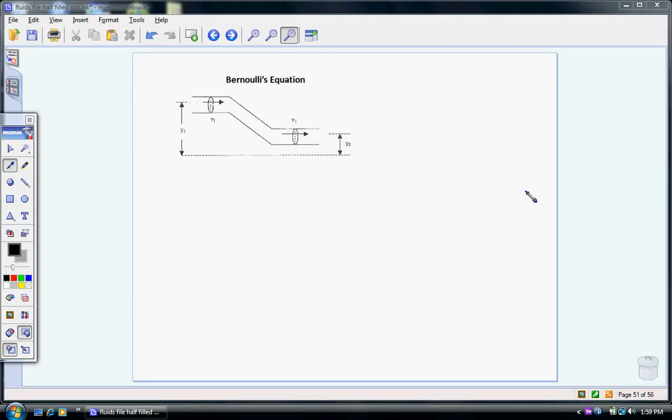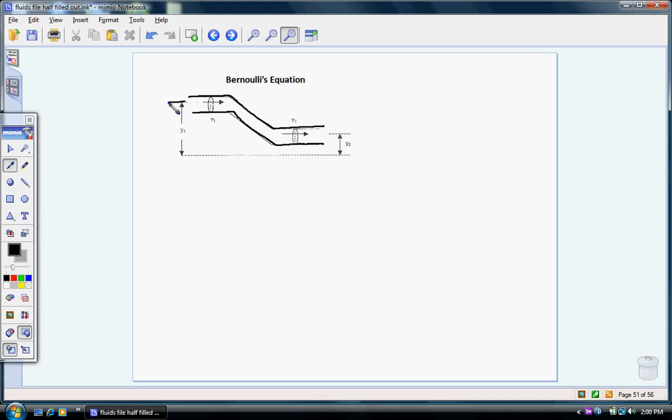Okay, and Bernoulli's equation can be applied to this situation here where you have a pipe going along like this, a drop in altitude.